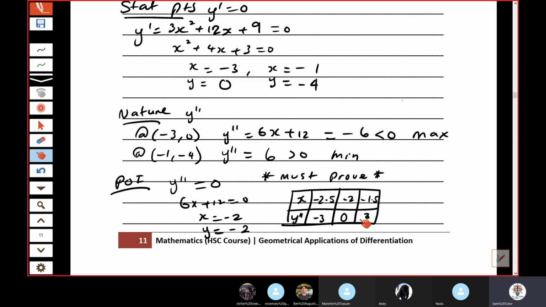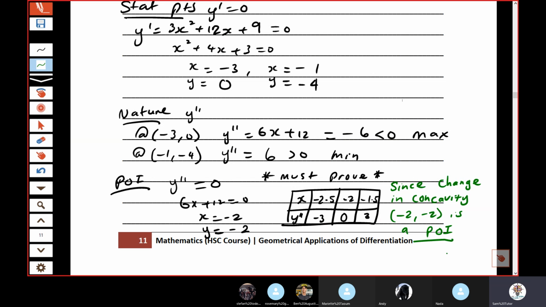So therefore, the conclusion you have to make is, since there's a change in concavity, -2 is a point of inflection.